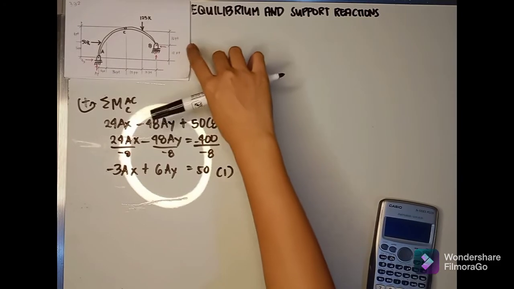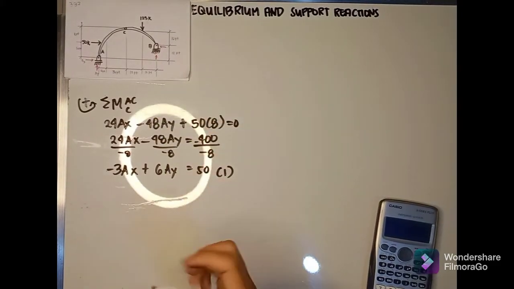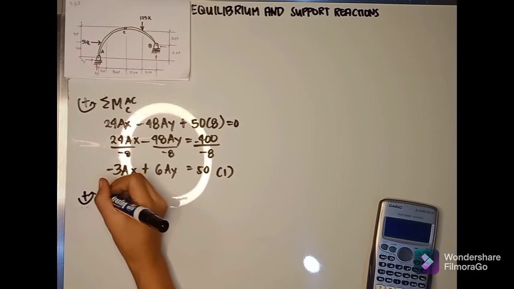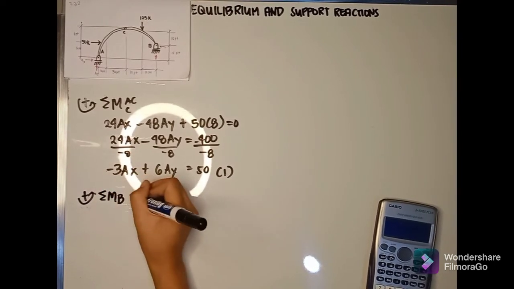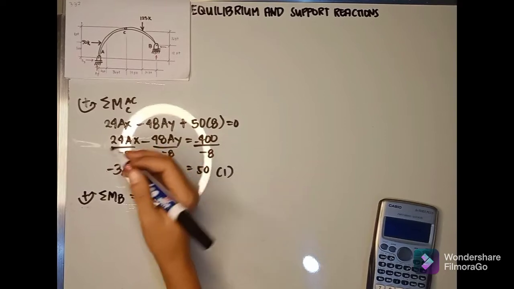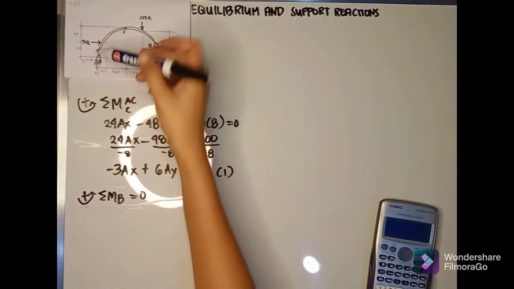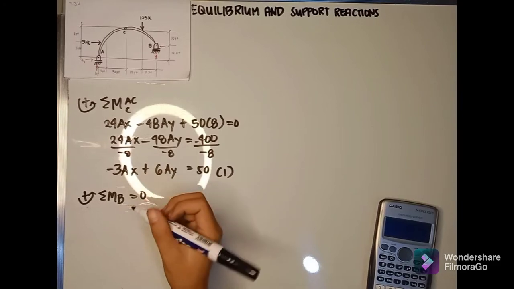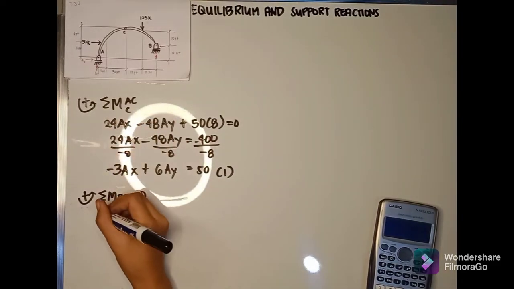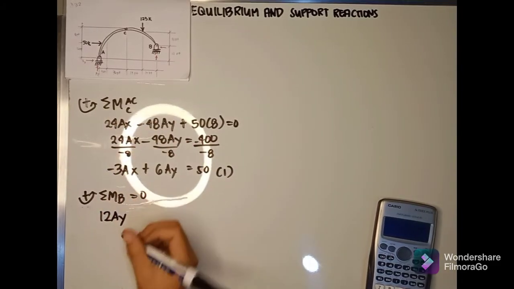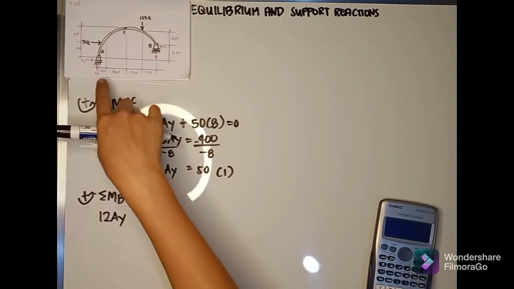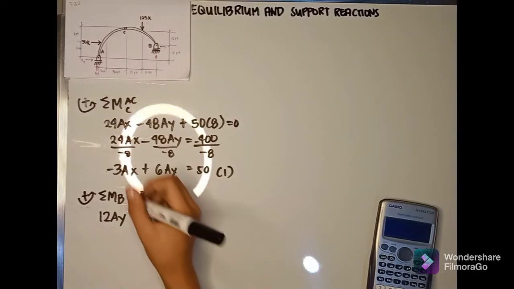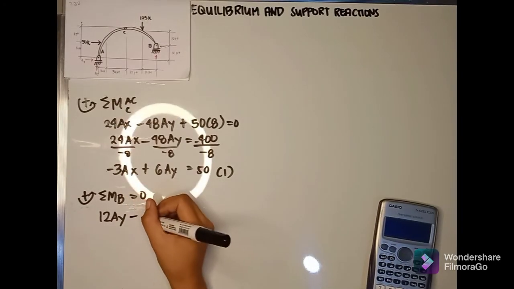So, here we take moment at point B. Counterclockwise is positive. Summation of moment at point B equals 0. For AX, its moment arm is 12, and the direction is counterclockwise, so positive 12 AX. For AY, its moment arm is 12 plus 36 plus 14, which is 76.